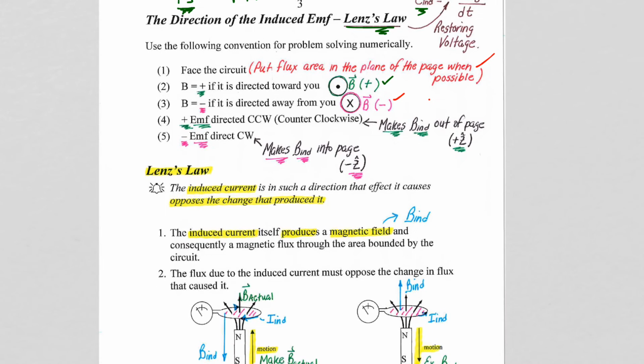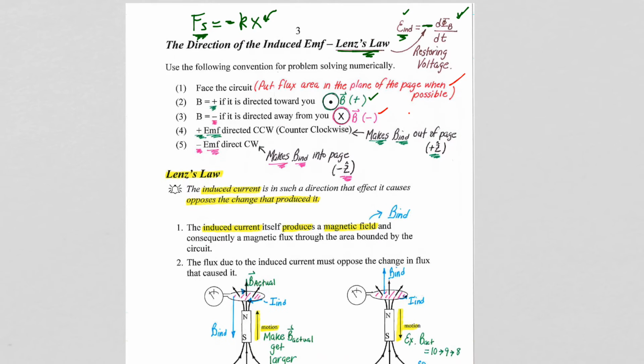Lenz's law, if you see that in a multiple choice question, will be more of a multiple choice concept than a numerical calculation. The negative appears in the numerical calculation, but the reference to Lenz's law is specifically that the induced current, the induced voltage, the induced B field, all is produced in such a way that it will oppose the change that produced it.